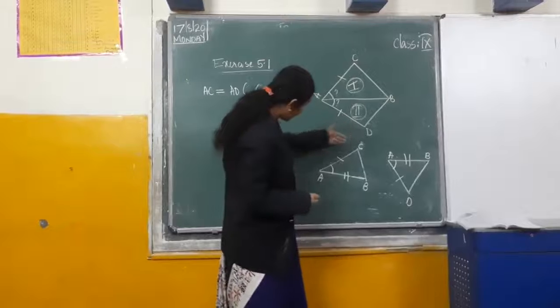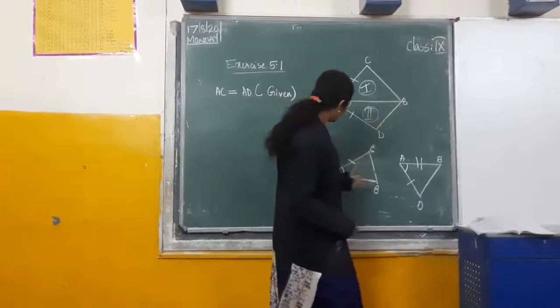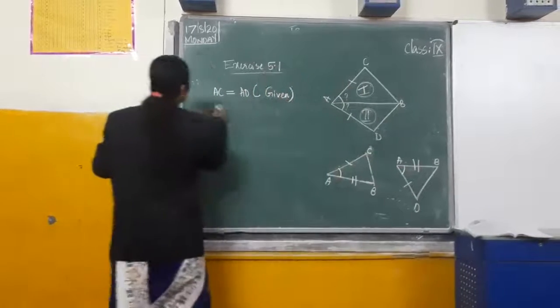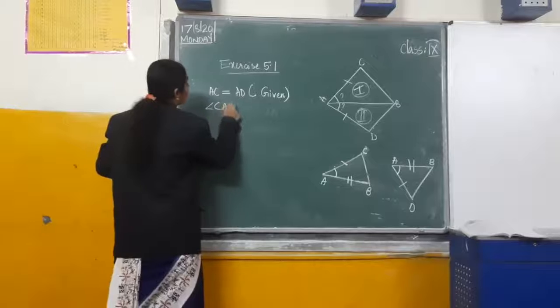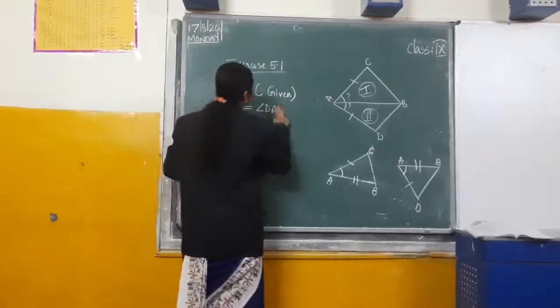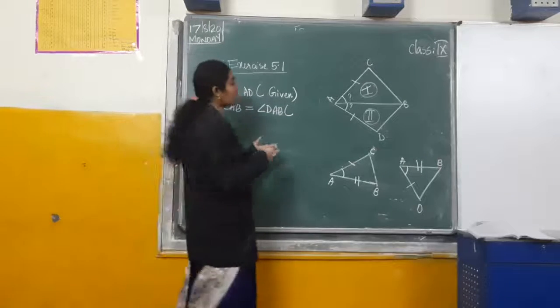See here, angle CAB equals angle DAB. Write the name: angle CAB is equal to angle DAB. For that also you should write the reason. What is the reason they have given?